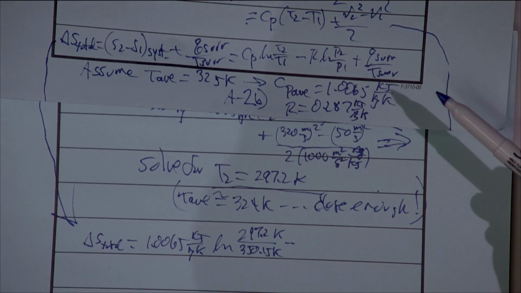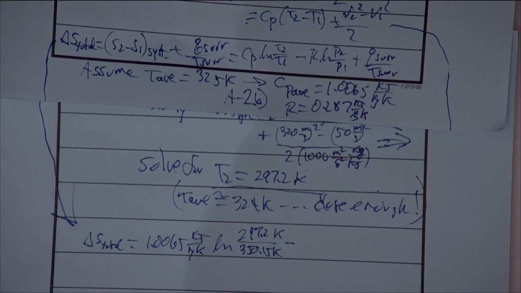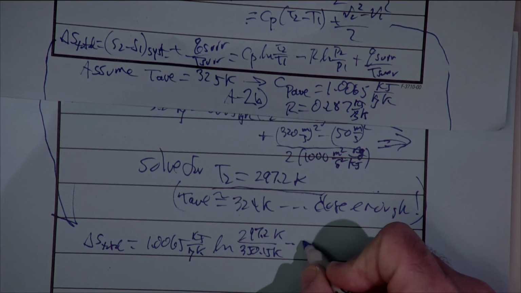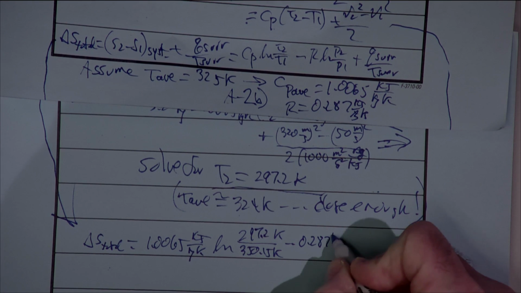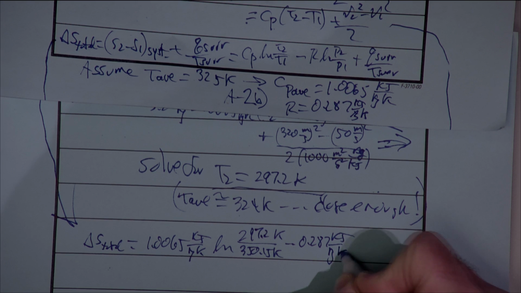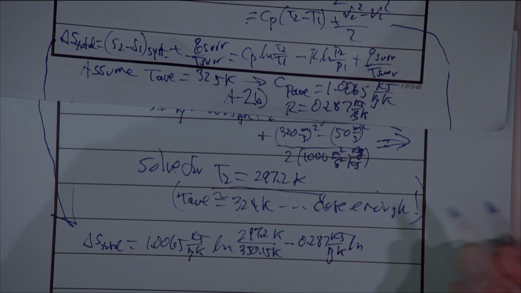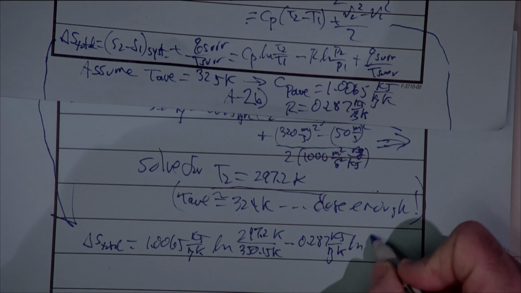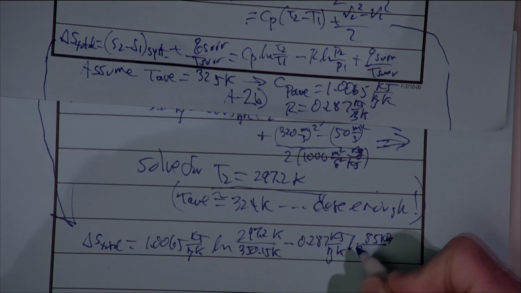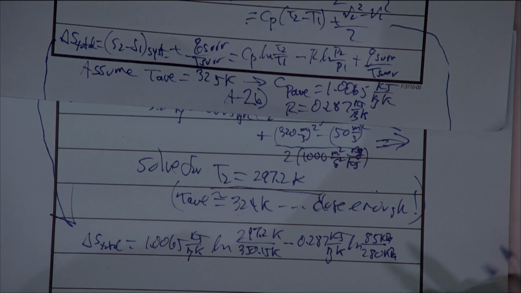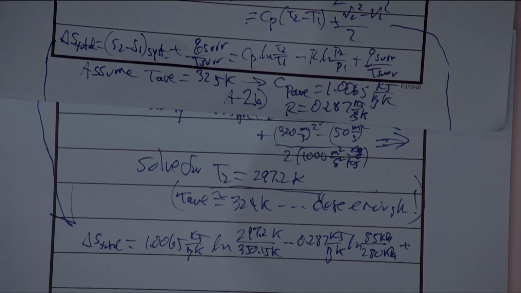And if you forgot to get it above, then you can just do it now, which is really all that I did. So we get 0.287 kilojoules per kilogram per Kelvin, and then multiply by the natural log of the pressure ratio, so 85 over 280 kilopascals. And then we add to this Q surroundings over T surroundings.